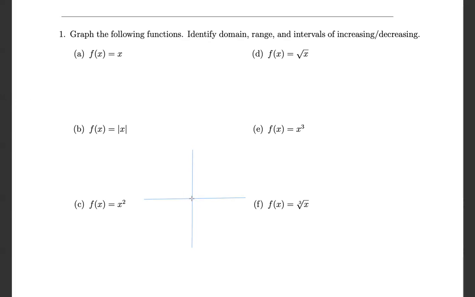Oops, not straight. So how do I change it to be not straight? Okay. It's smooth, roundish. And then the left half and the right half are symmetric about the y-axis. Right, so this is x squared.